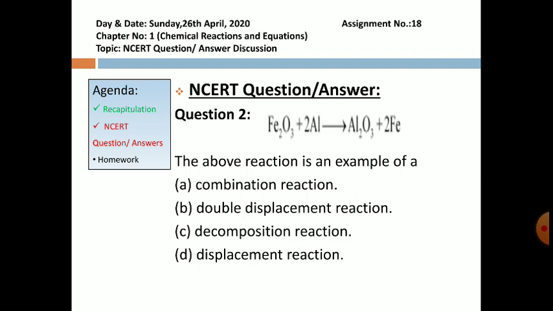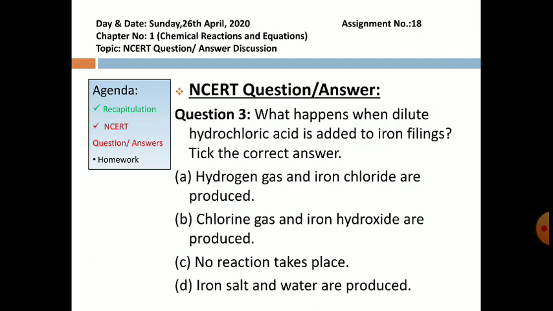Coming to question number 3. What happens when dilute hydrochloric acid is added to iron filings? Choose the correct answer. A: Hydrogen gas and iron chloride are produced. B: Chlorine gas and iron hydroxide are produced. C: No reaction takes place. D: Iron salt and water are produced.